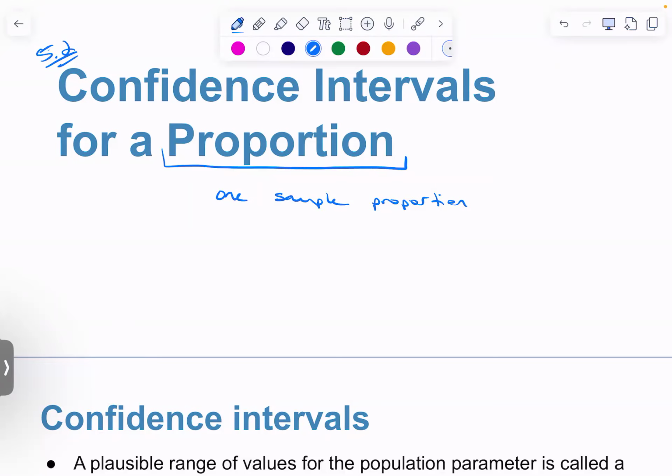Then we graduate to, how about if I have two sample proportions and I want to compare them? How do I do a confidence interval, and how do I do a hypothesis test? Or what if I have three or more proportions? Then what do I do? And the list goes on. We need to introduce all the rules, but then all the rules stay the same.